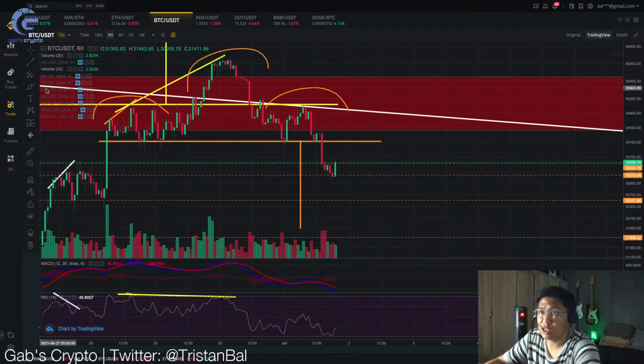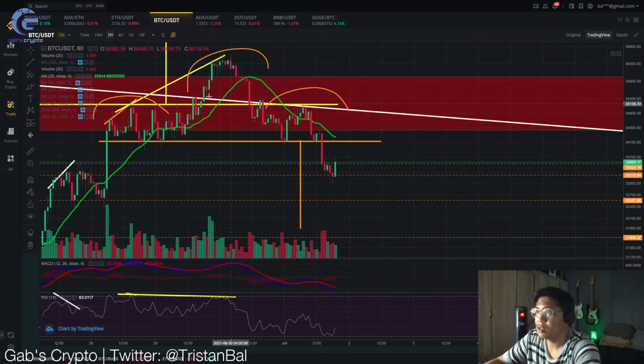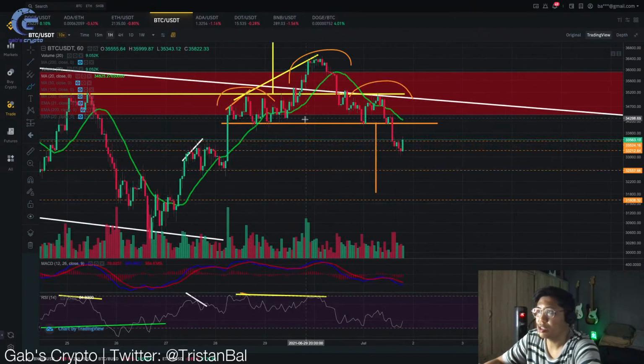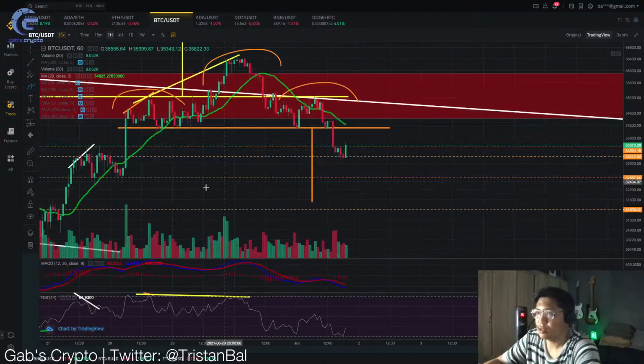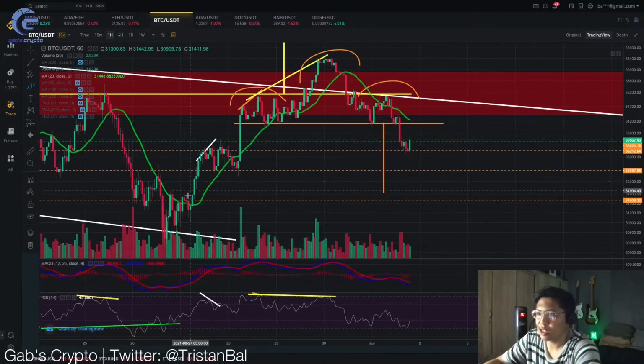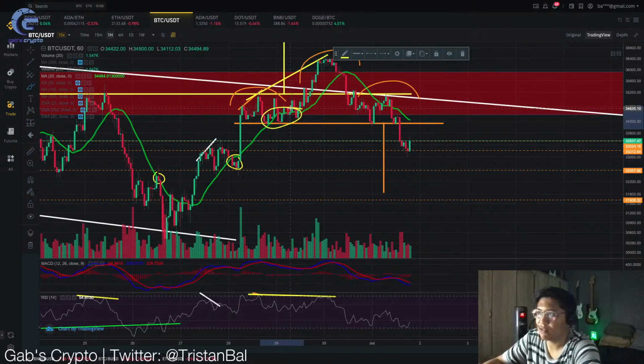Pero tandaan nyo yung lagi ko sinasabi, the moving average are crucial to this movement. So if you want to see what's the next possible move, you have to look at the moving averages kasi ayun no, if ever nagkakaroon tayo ng downtrend, ito yung nagiging resistance natin. Pero if nagiging uptrend tayo, ito yung nagiging support natin, the moving average.